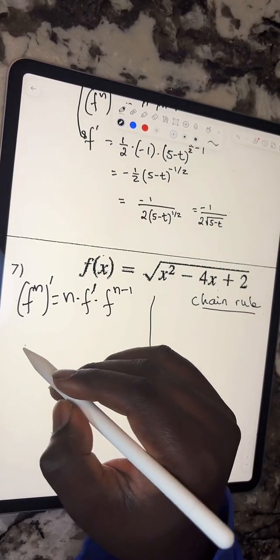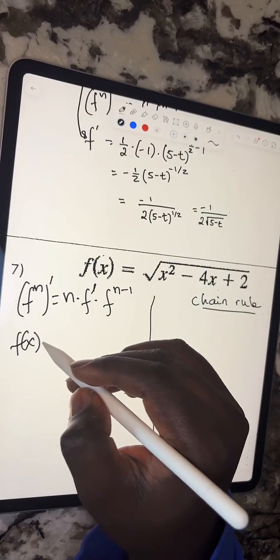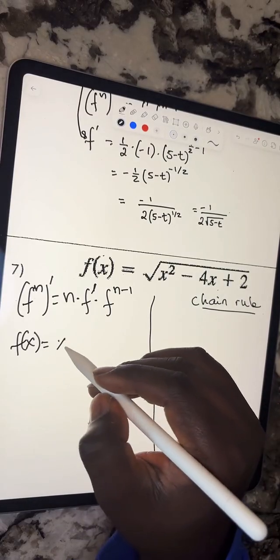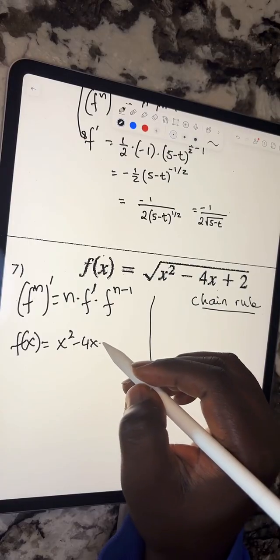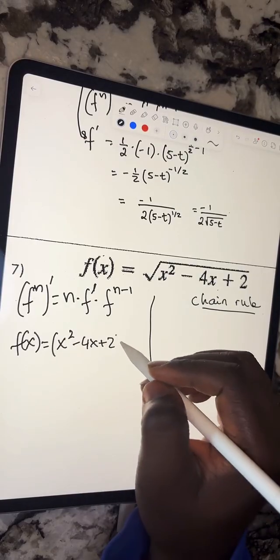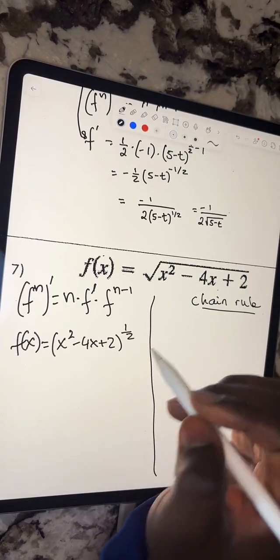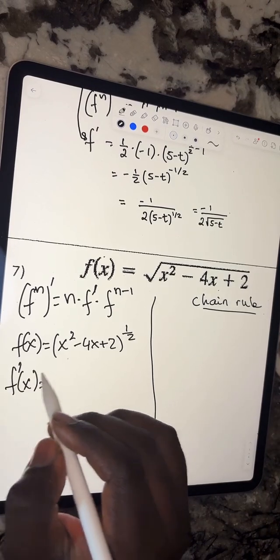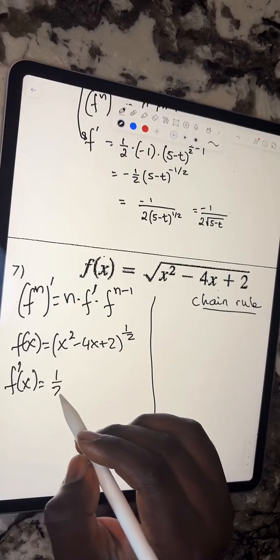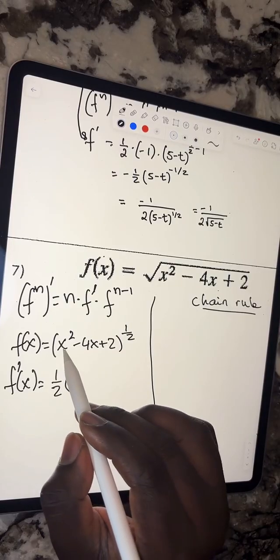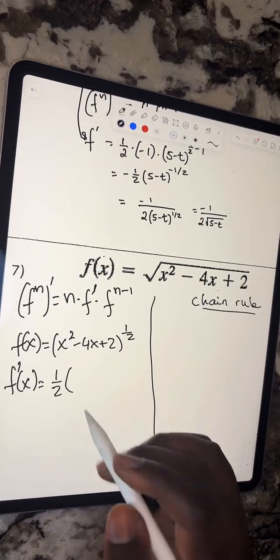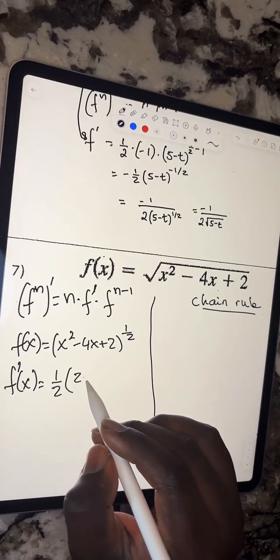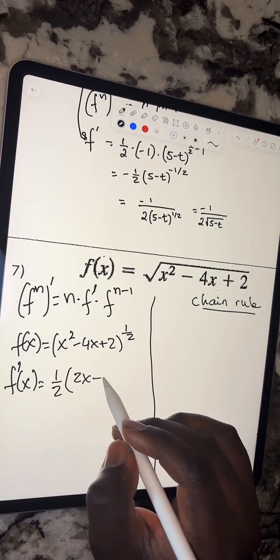So let me write first of all, f of x will be x squared minus 4x plus 2 to the power of 1/2. And then now that I'm looking for f prime of x, drop down the exponent, find the derivative of x squared minus 4x plus 2. That would be derivative of x squared, that's 2x. Derivative of negative 4x, that's negative 4.